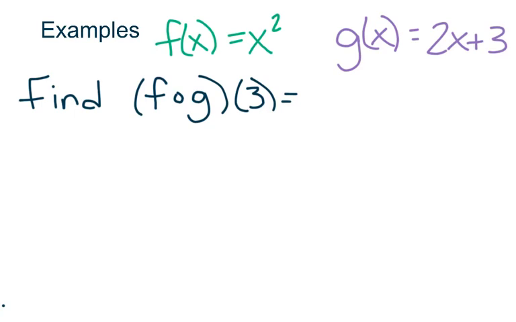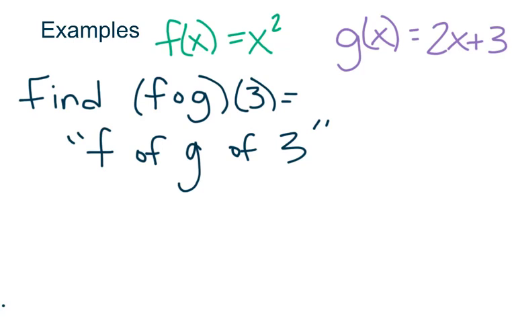So here are two functions. I have f of x equals x squared, g of x equals 2x plus 3, and I'm going to find f of g of 3. That's how you pronounce this. I know it's a mouthful. f of g of 3.